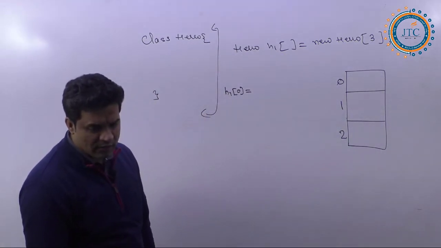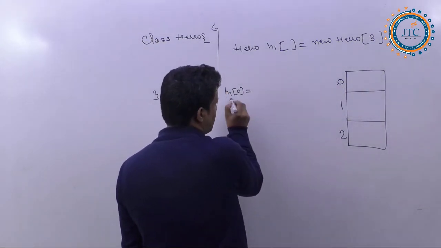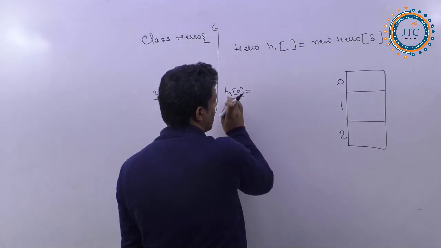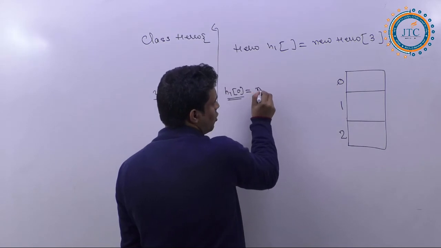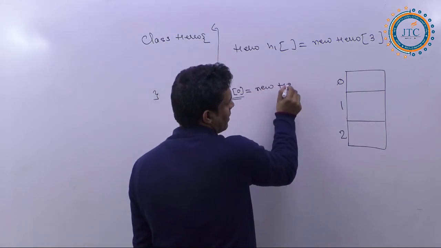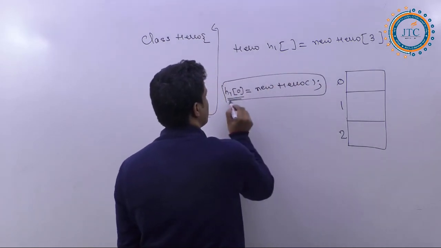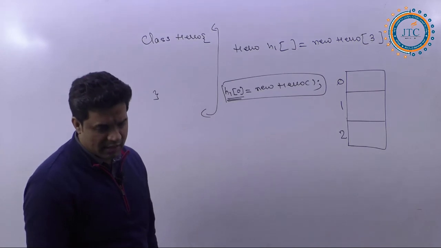When I say h1 of 0, this position represents this itself, and it is going to store new of Hello. We are storing one particular type of object in this.